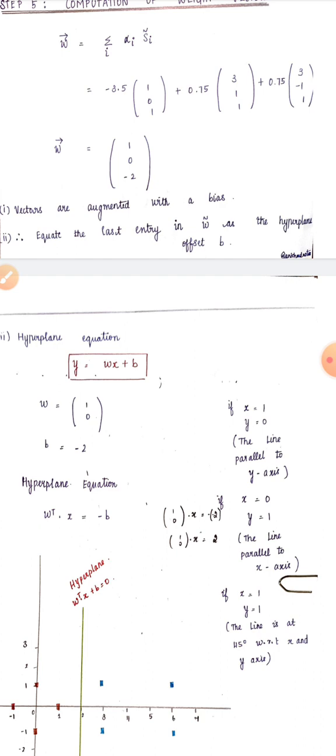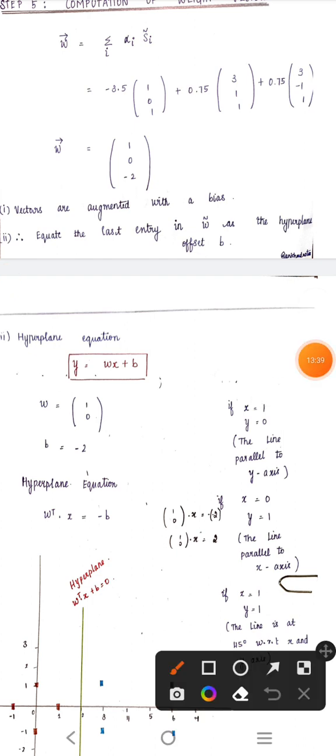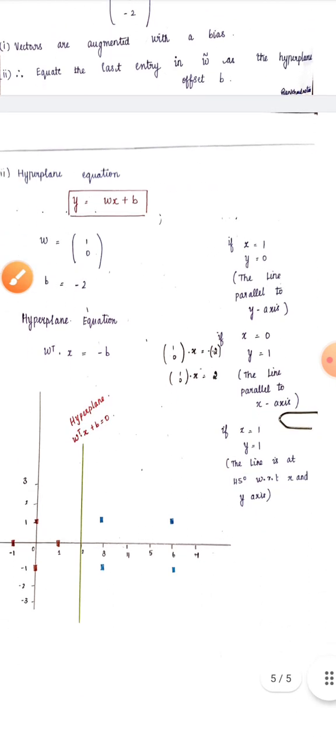So since x is equal to 1, y is equal to 0 with respect to the weight vector, we can say the line is parallel to the y axis. So we have to draw a hyperplane which is parallel to the y axis, and the bias value is minus 2, and it will fall in the first quadrant.